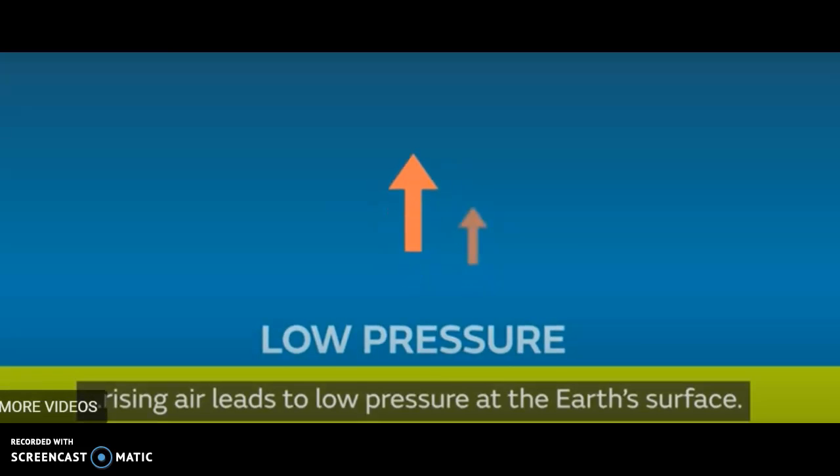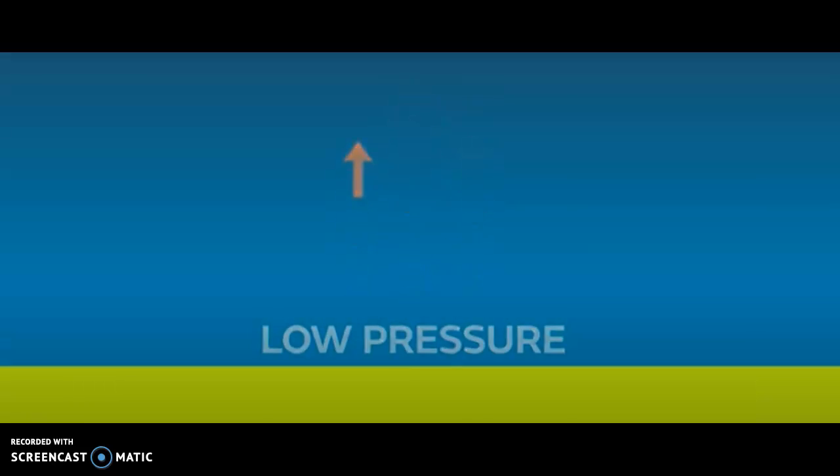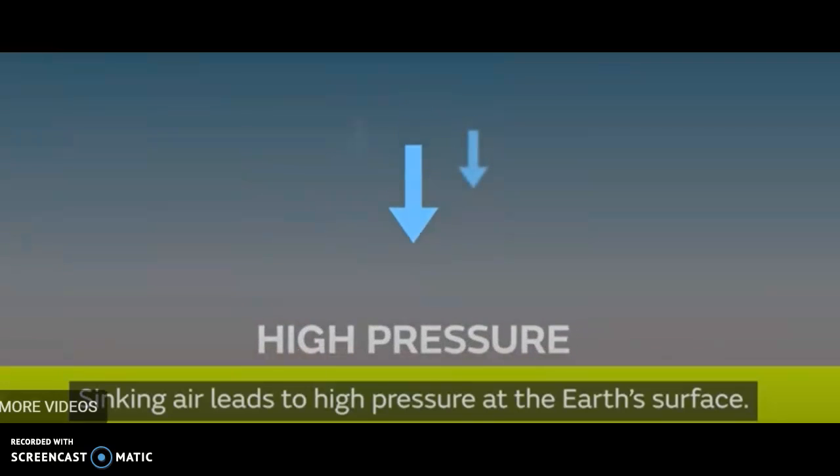When we have low pressure, the air is pushing upwards from the Earth's surface, like it's coming from below, and the air is being pushed. Now, high pressure is the opposite.